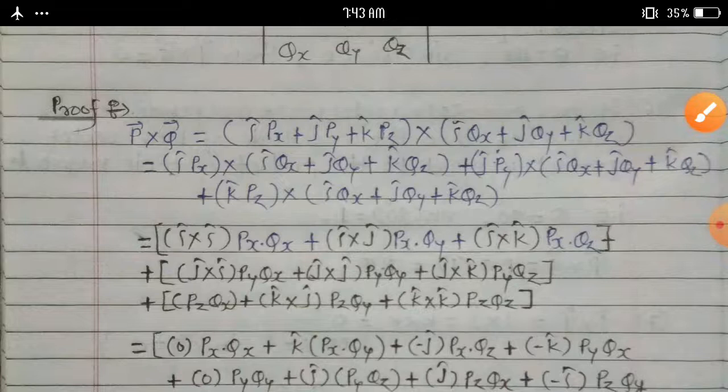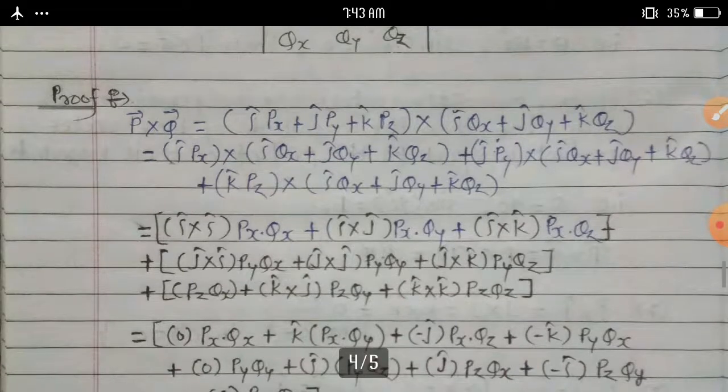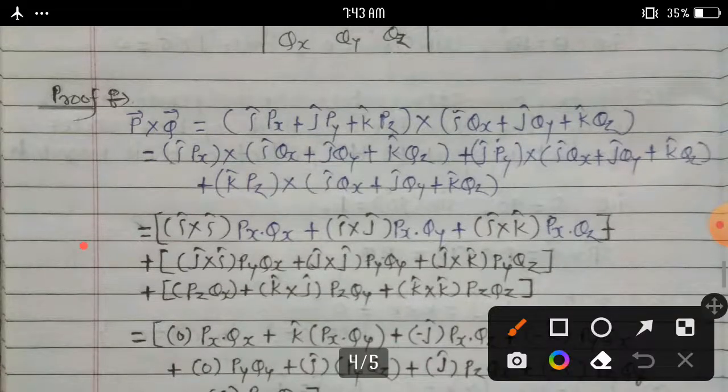Multiplying each term, we see here i cap cross i cap into px qx plus next term i cap cross j cap px qy plus i cap cross k cap px qz.